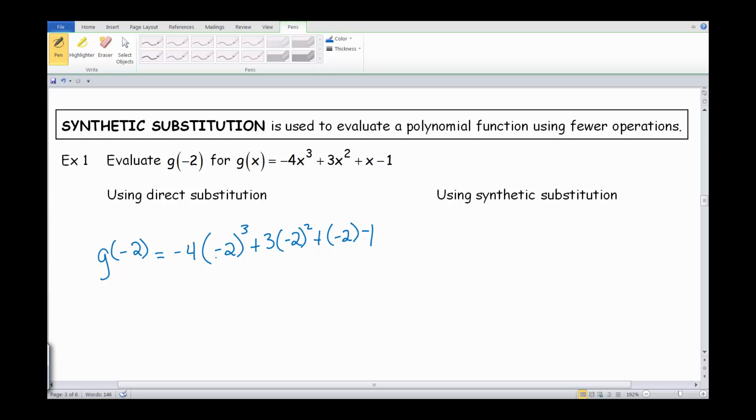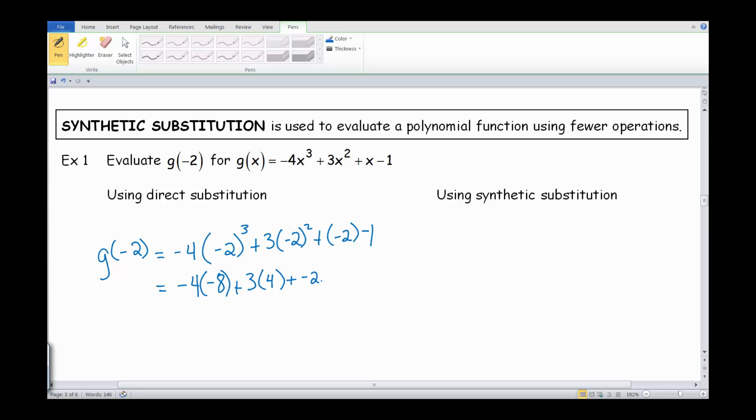So we end up with -4, and then -2 raised to the third power is -2 times -2 times -2. So we're going to get a negative, and then 2 cubed gives you 8. We'd end up with -8 there.